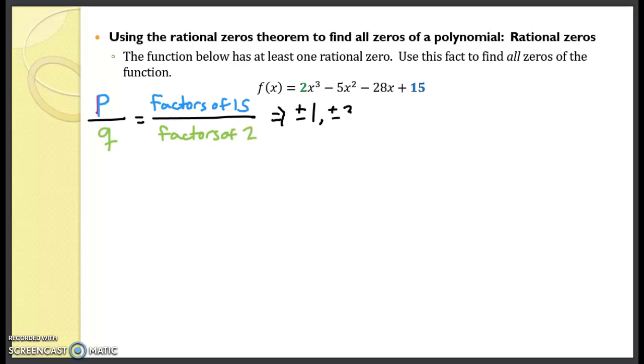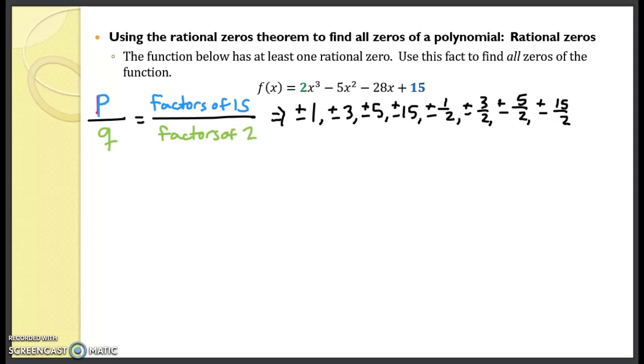Plus or minus 1, plus or minus 3, plus or minus 5, plus or minus 15, plus or minus 1/2, plus or minus 3/2, plus or minus 5/2, plus or minus 15/2. That's a lot of possible options, right?